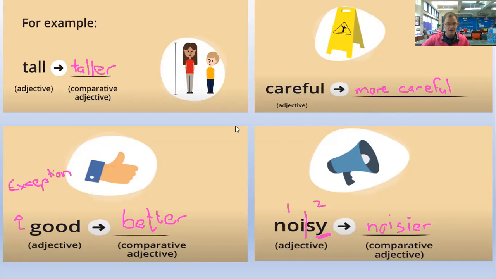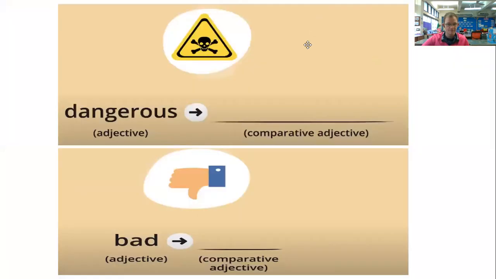So let's have a look at the next couple of ones, just before we carry on with the book. Here we have the word dangerous. Now let's look at how many syllables dangerous has. Dangerous. So it has 1, 2, 3 syllables.